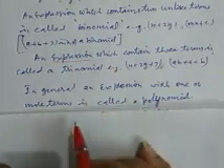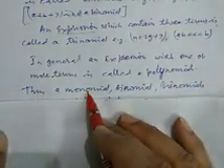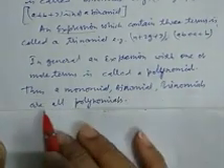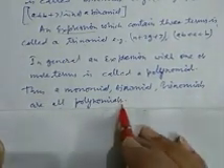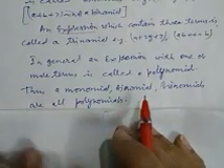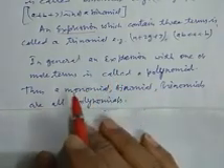But a single monomial is also called a polynomial. Remember this thing. Thus, a monomial, binomial, trinomial are all polynomials. These are some terms which are necessary to understand.